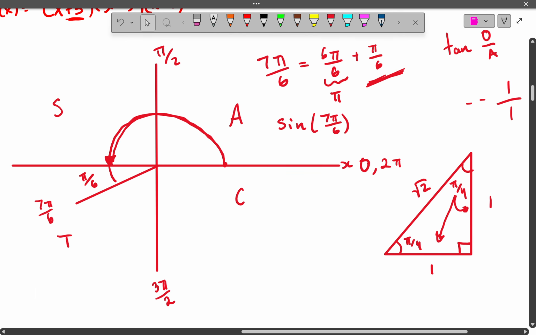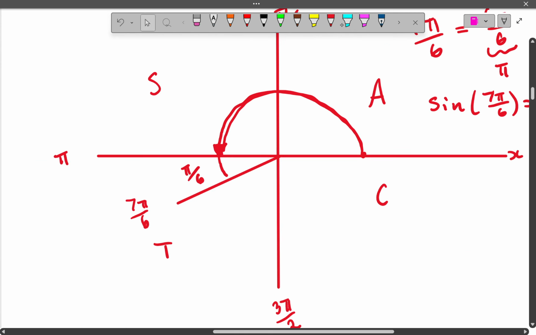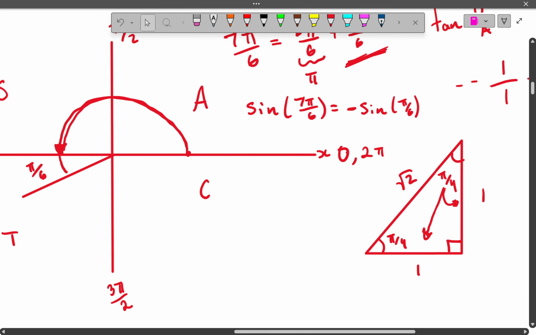Or in other words, when we have sine of 7 pi over 6, that's going to be something negative. So I'm going to start with a negative. And then using this reference angle, we're told the reference angle is pi over 6. And so we're going to find sine of pi over 6 and multiply it by -1. And that's going to be our equivalent answer.